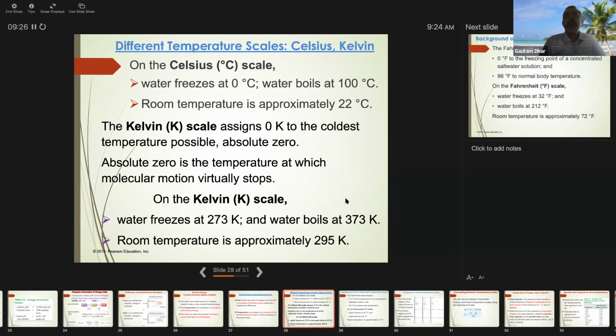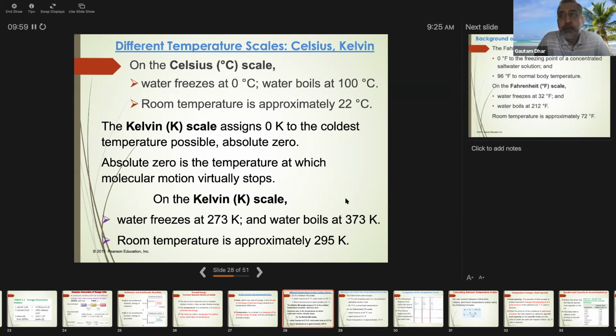There are different scales of temperature, and they were created in different parts of the world. They have different bases, and they are comparative scales. When you say the Celsius scale, somebody one day thought, let's take the temperature at which water freezes as 0, and boiling water as 100.